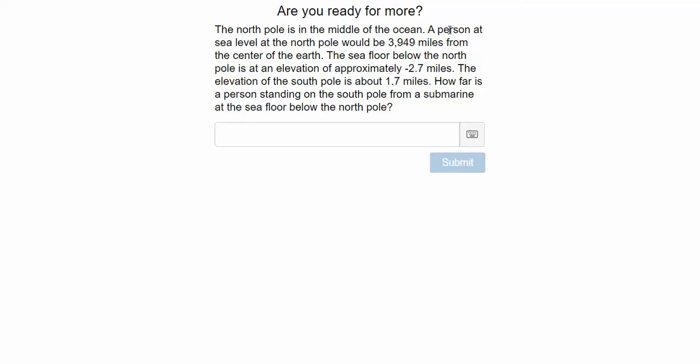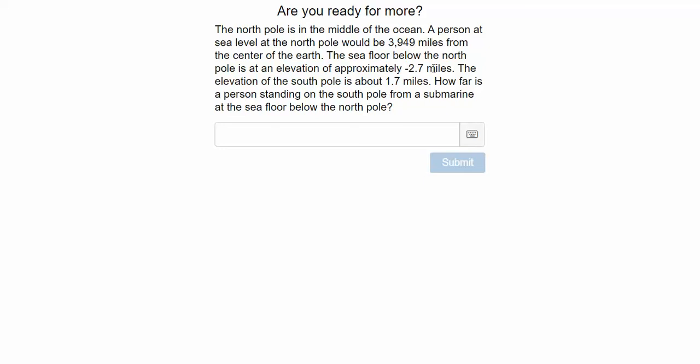So if you're at the South Pole, I should say, the elevation of the South Pole is about 1.7 miles above, right? So basically, it's going to be hard to describe this and only be able to type the answer here. If a person's at the center of the Earth, North Pole is above, right? So it'd be from the North Pole, it'd be 3,949 miles to the center, and then to the South Pole would be another 3,949 miles.